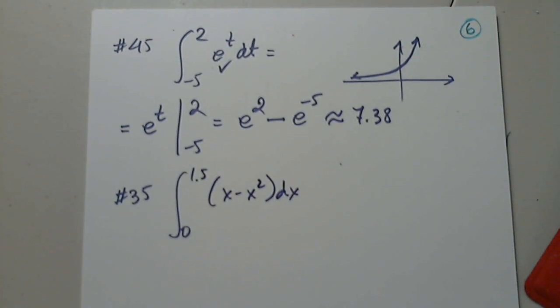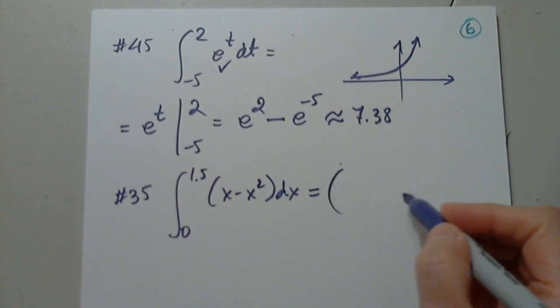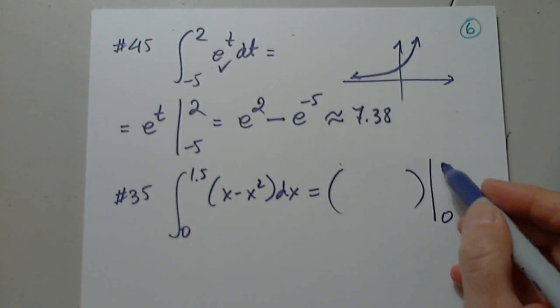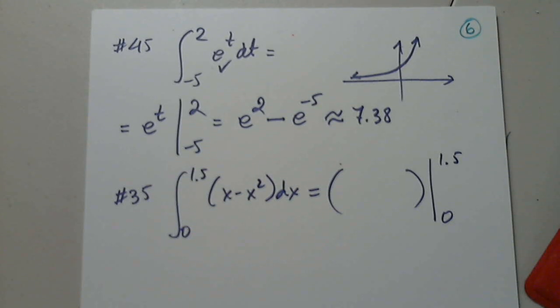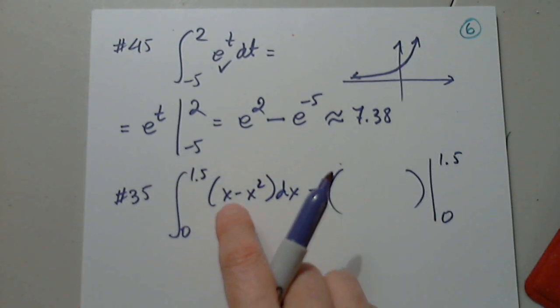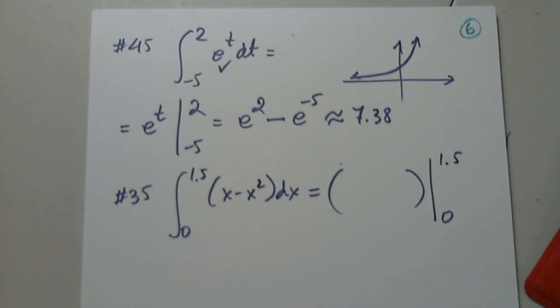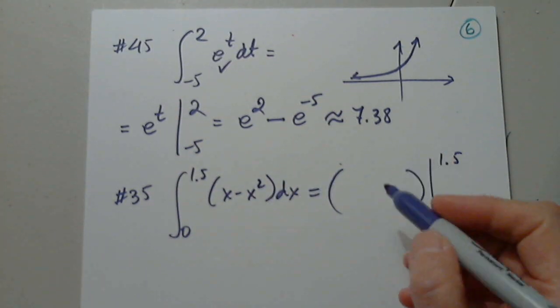Good. So I have to find the antiderivative. Once I have the antiderivative, I'll go from 0 to 1.5. Which function prime is x? Anyone? Which function prime is x?